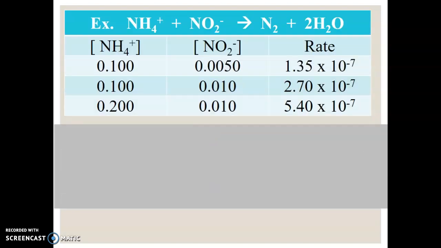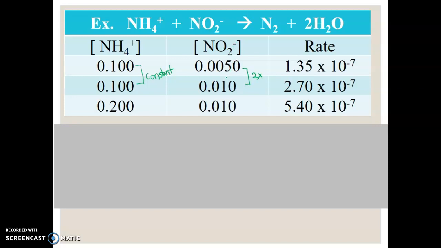So here in this second example using actual chemicals, we just start looking here, and this is constant between the first and second trial for the ammonium ion, and then 0.0050 going to 0.010. So this is doubling.